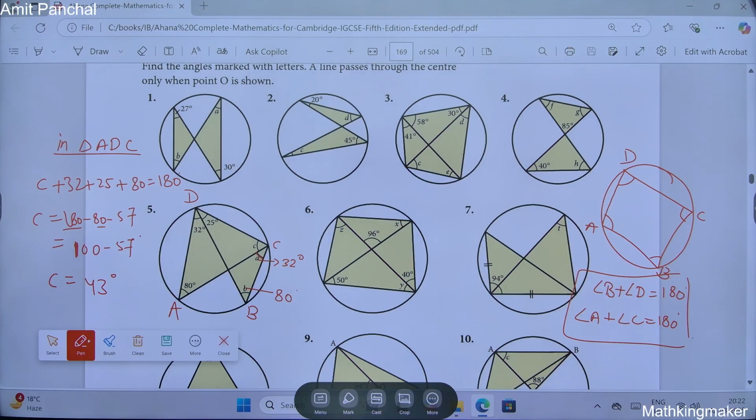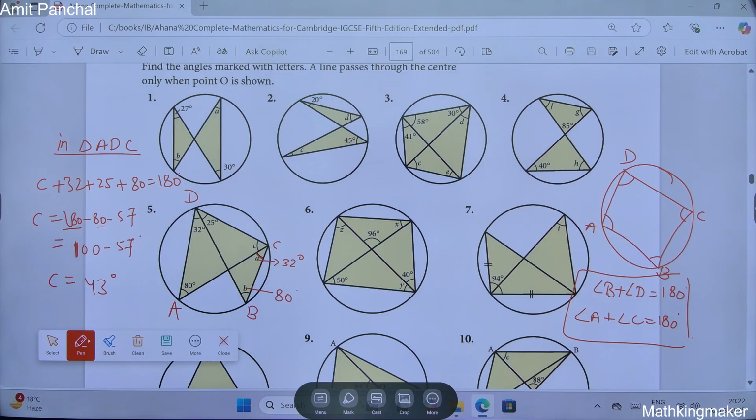I got X. X is 34. Yeah, right. I got Y also. Right. Is Z 40?